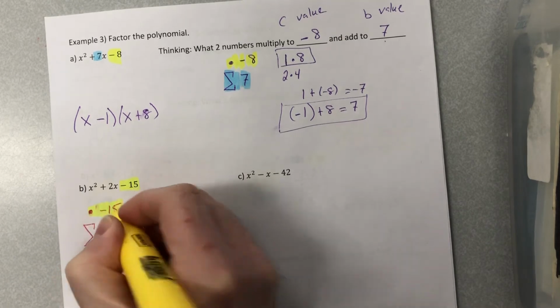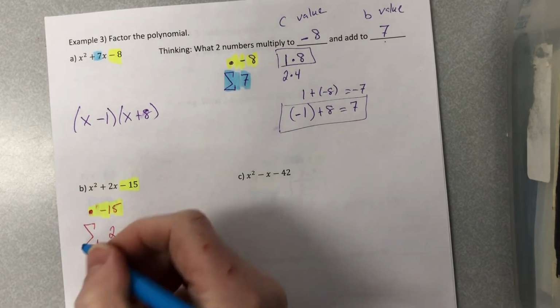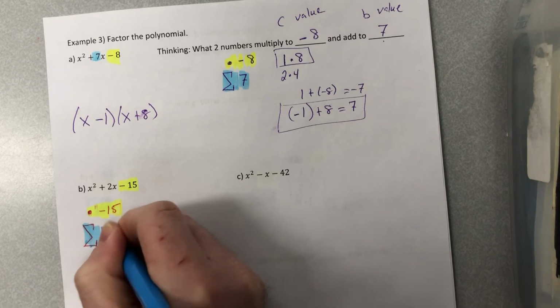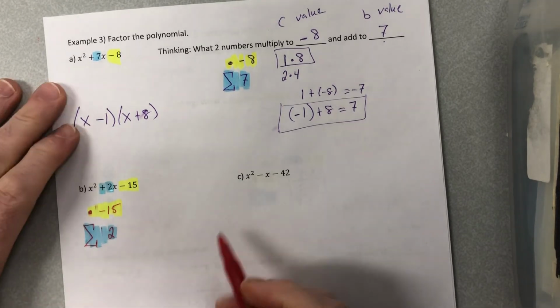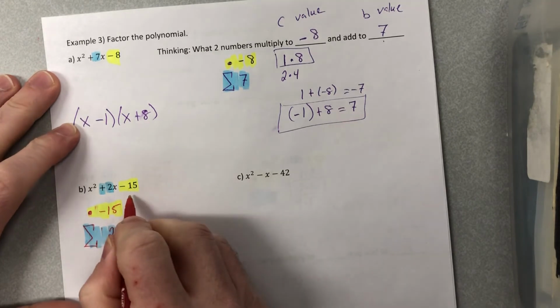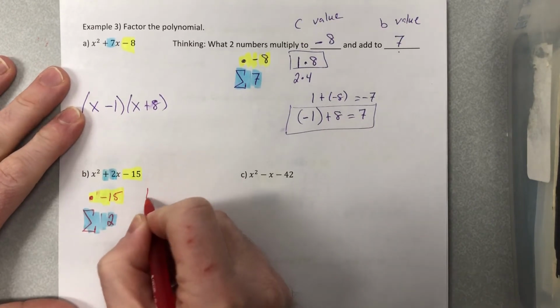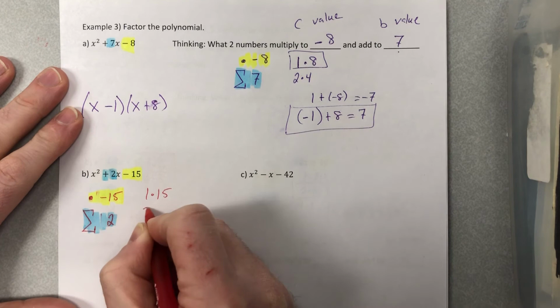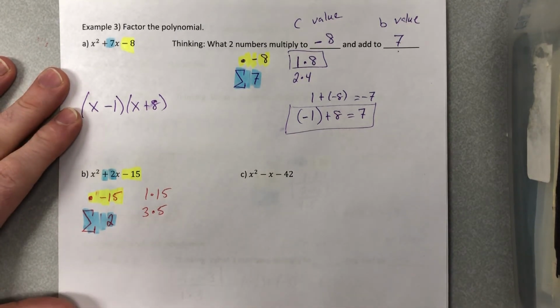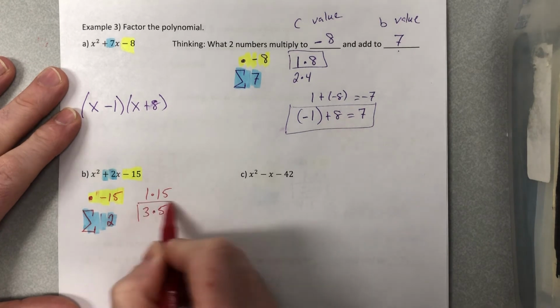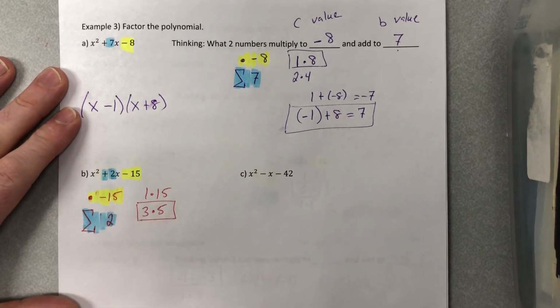Anytime we have a negative product, remember, we're really going to find the difference. If I start off with my factors of 15, it would be 1 and 15 or 3 and 5. Which one of these has a difference of 2? 3 and 5.